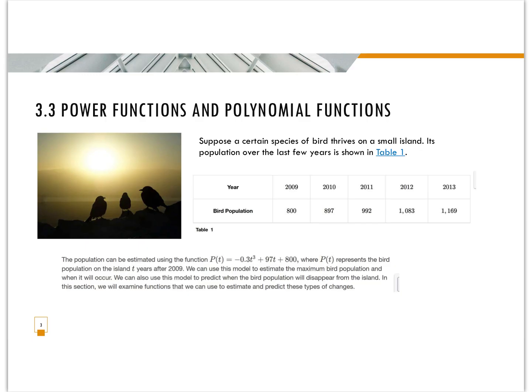As we started looking at the data in 2009, there were 800 birds. I'm assuming just 800. I don't see where it says in thousands or in hundreds. There were only 800 of this species. And then the next year there looks like 97 more, and it looks like it's climbing. I see 9 something there. I see 1,000 something. I see 11. So yeah, this population of birds is thriving.